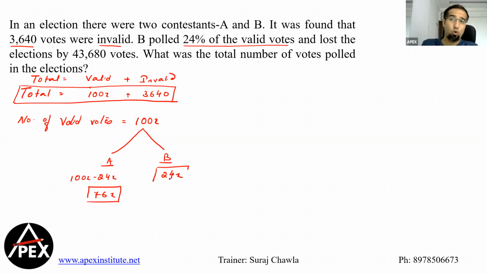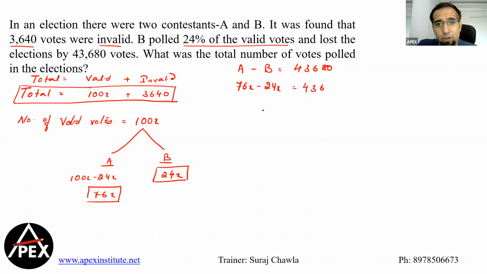And I'm clearly told that B lost by 43680 votes. So the margin, the loss, which means the number of votes by A minus the number of votes by B is 43680 votes. So therefore, it's going to be 76x minus 24x is equal to 43680.